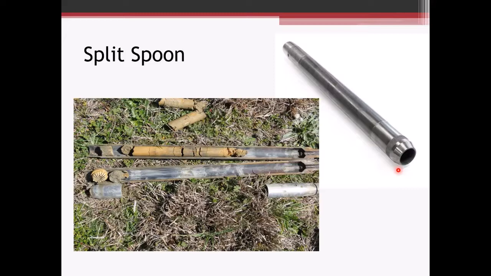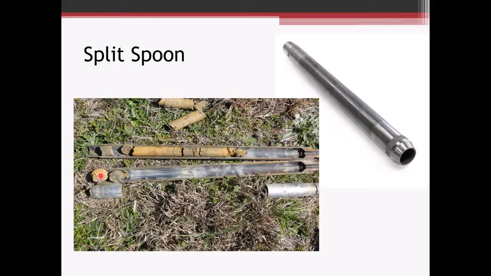Then once the sampler is extracted, the shoe comes off, and then the split spoon sampler splits into two halves so you can collect the sample. You can see here's a little basket that allows the sample to go up into the sampler and keeps the sample intact during extraction.